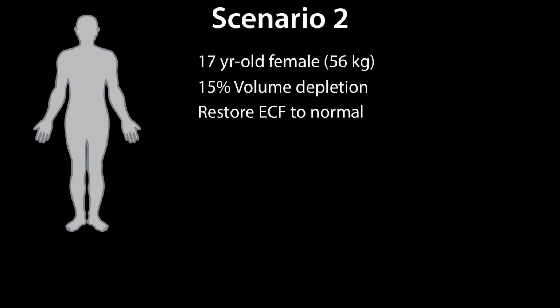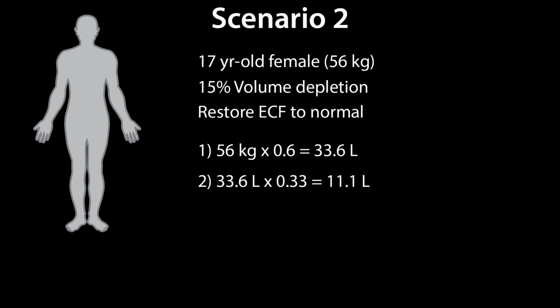Okay, let's start by calculating total body water, which will be 56 kilograms times 60%, which equals 33.6 liters. Next, calculate the extracellular fluid volume, which is total body water, or 33.6 liters times 33%, which gives us an extracellular fluid volume of 11.1 liters.